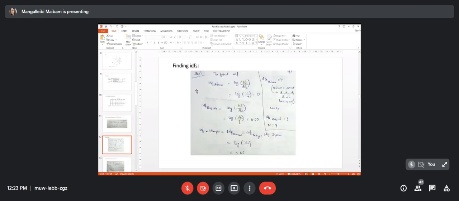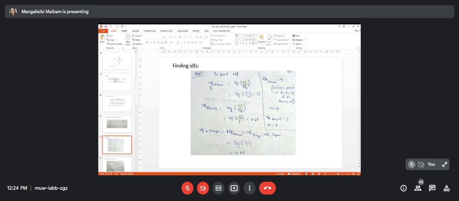Then step one: we have to find the IDFs. IDF, you know, is inverse document frequency, right? We have already discussed how to find inverse document frequency in our vector space model in chapter number 5. So inverse document frequency for all the terms we are going to find here.